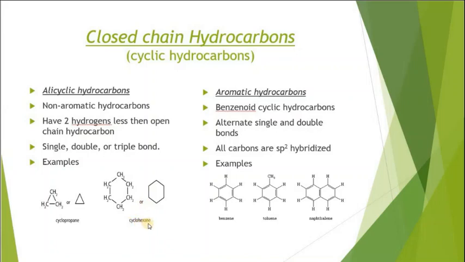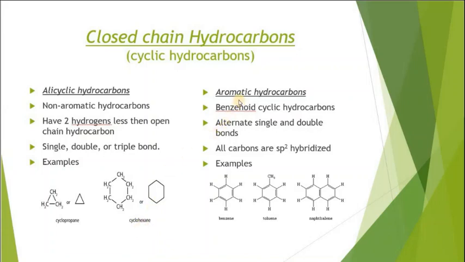Similarly, you can have cyclohexane. Hexane is a 6-carbon compound. When I write the term cyclo with it, it means it is in the form of a ring or a cycle. It is represented in the form of a hexagon. Each corner represents a carbon atom. So there are 6 corners. We can say this is a 6-carbon compound, or cyclohexane.